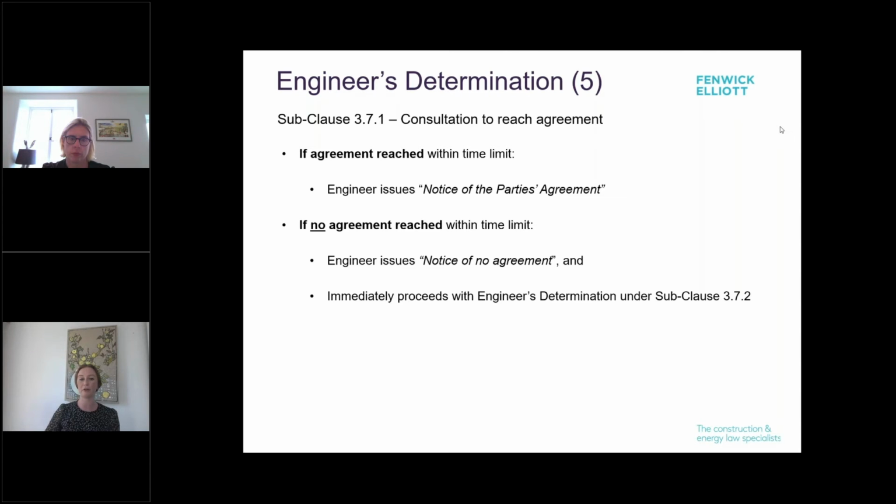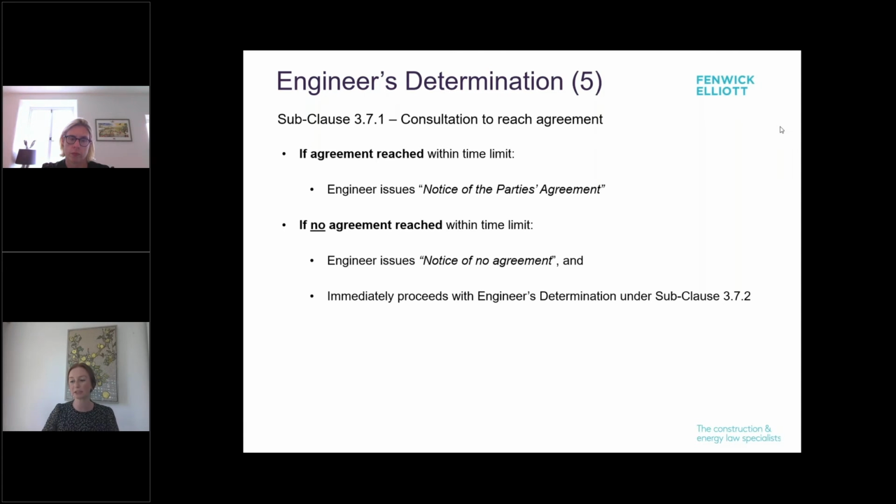If the engineer gives the notice of the parties' agreement, this has to be signed by both parties, and it has to state that it is a notice of the parties' agreement on the face of it, and it also must include a copy of the agreement. However, if no agreement's reached, like I say, clause 3.7.2 comes into play.